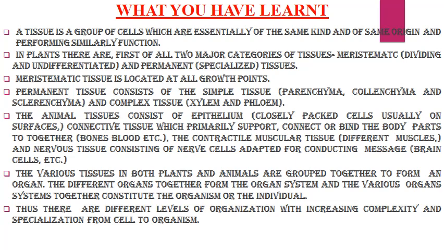The different organs together form the organ system, and the various organ systems together constitute the organism or the individual. Thus, there are different levels of organization with increasing complexity and specialization from cells to organisms.